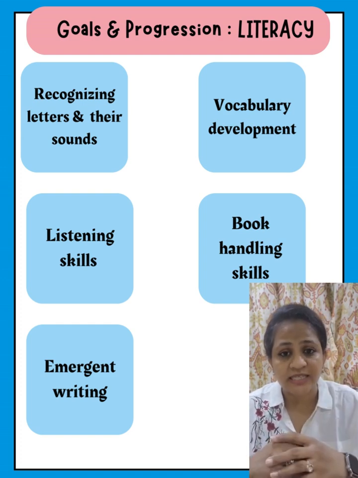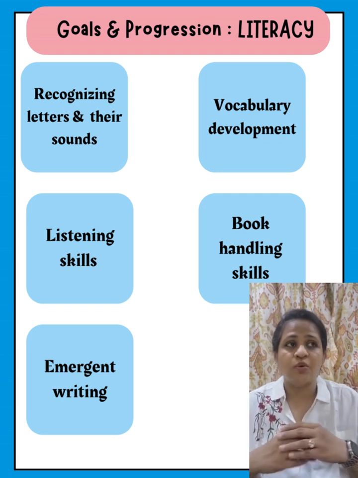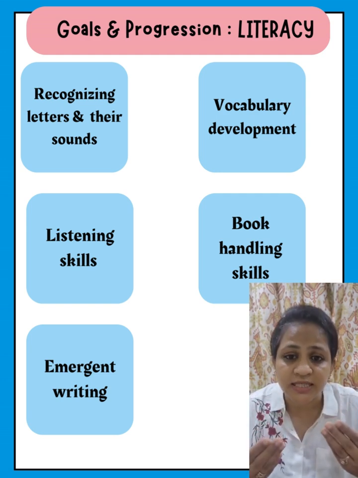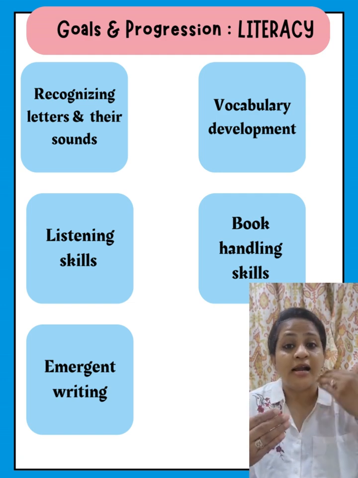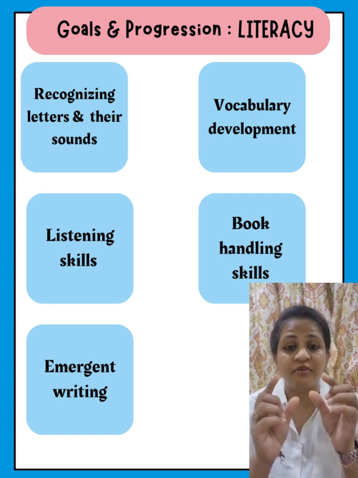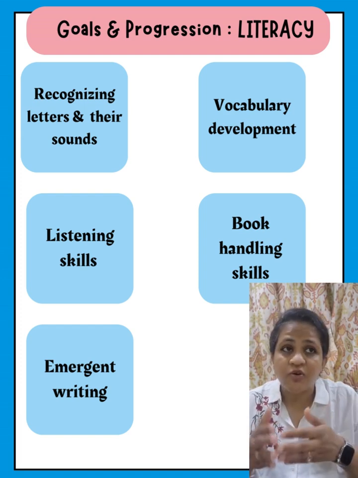So the very first, as I said, is recognition of letters and their sounds. When we introduce these alphabets, they understand how a particular alphabet looks and what its sound is.